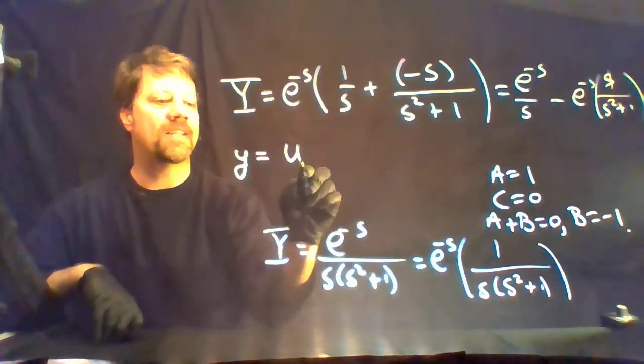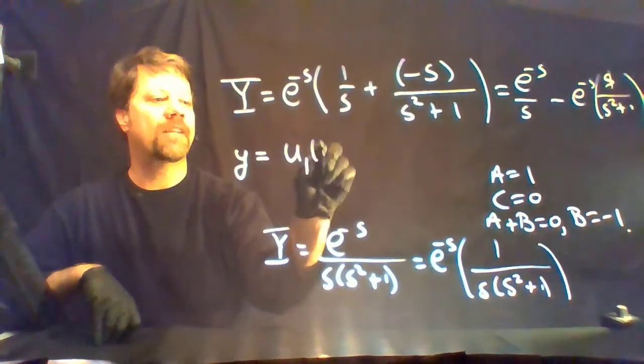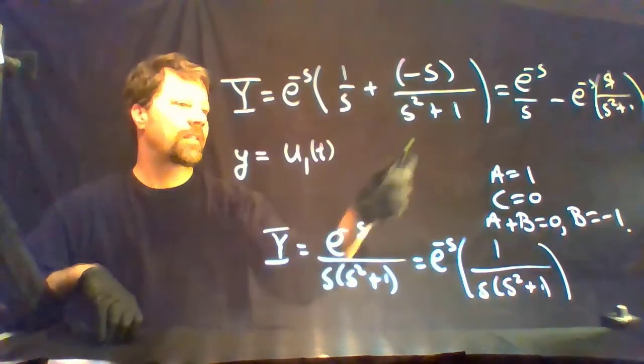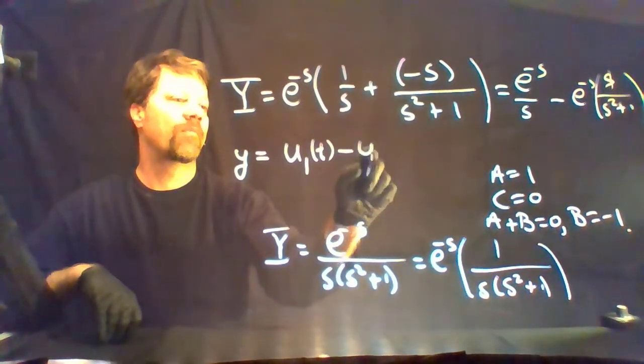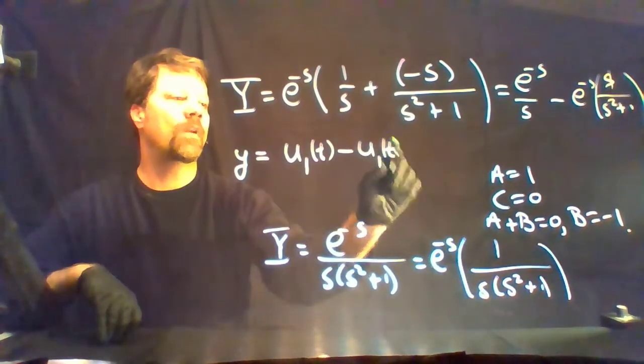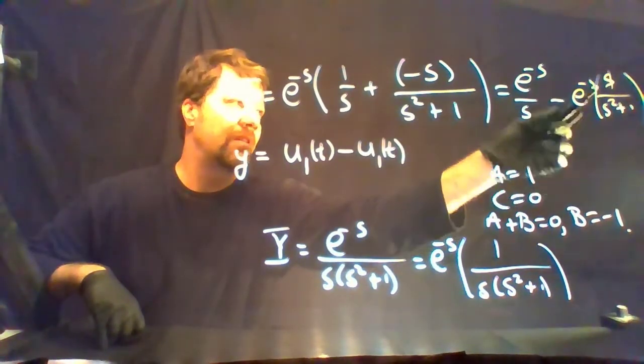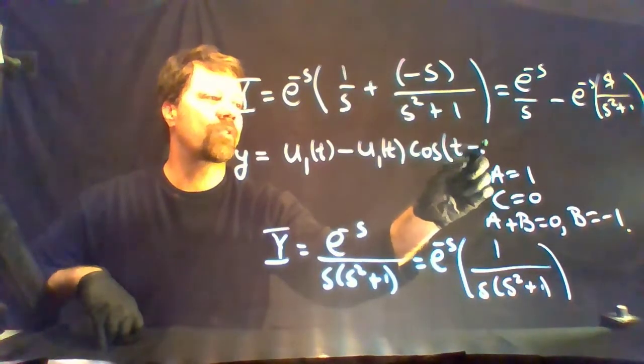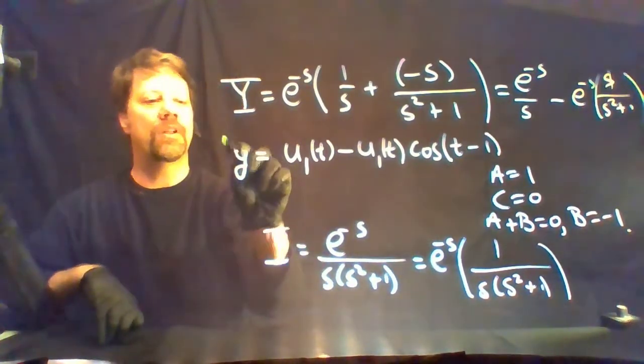The first term has an inverse Laplace transform u_1 of t, minus u_1 of t cosine, but the cosine is translated 1 unit to the right.